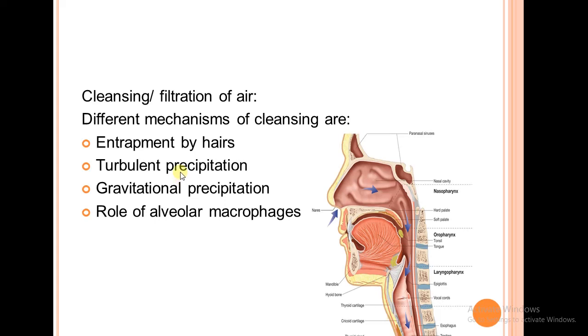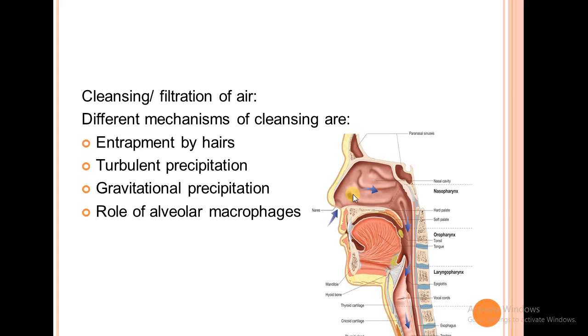Now, the second process of cleansing is turbulent precipitation. What is turbulent precipitation? When I showed you the structure of the nose, I showed you the shelf-like projections, which were the turbinates. Here again you can see these turbinates. They first of all increase the surface area of the nose. Secondly, they are involved in turbulent precipitation.